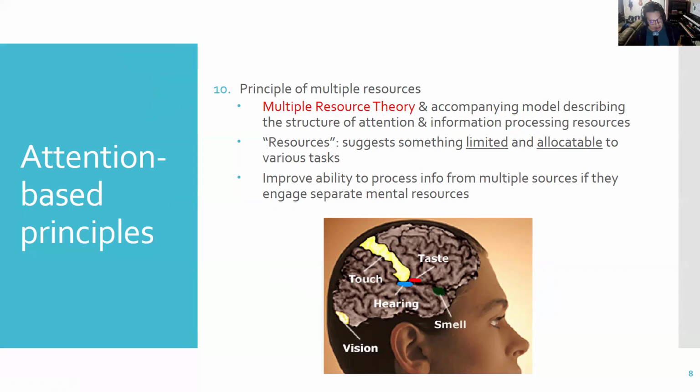And it basically relates to this idea that we have different structures, neural structures in our brain that are more or less focused on processing information in a certain way. So one example are the different senses. And we know this from neural imaging that, if people are processing a touch sensation, they'll see more activity in this region.